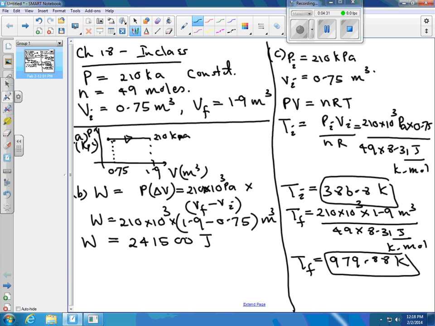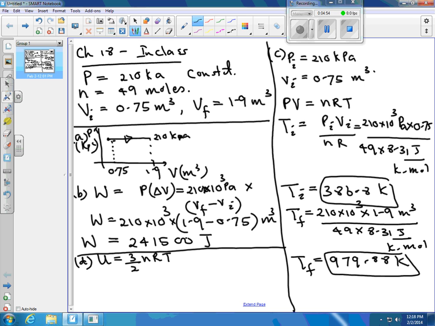Okay. Now the next part, what was the change in the internal energy of the gas? Now we know that the internal energy is given by U equals 3 over 2 nRT.